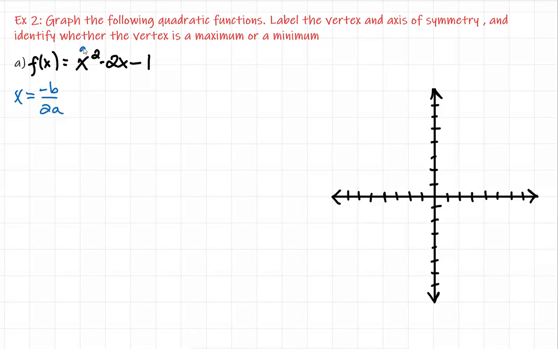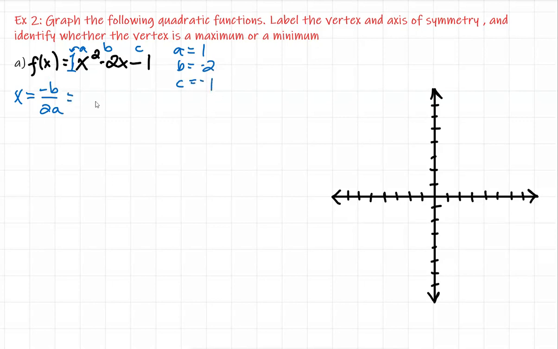Well, remember, this is a, this is b, and this is c. Now here, there is no coefficient, so it's implied that it's a 1. So our a is 1. Our b is negative 2, and our c is negative 1. Let's write that down just so we're clear. A is 1, b is negative 2, and c is negative 1.